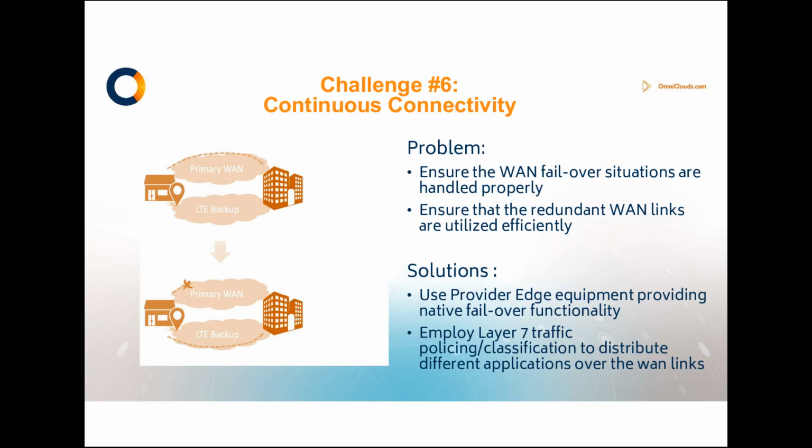Having a redundant connection is wasteful if the backup connection is off and unused, and it makes no sense paying for a second connection with no auto failover, requiring manual interaction when the main connection is lost. So it would be logical to have a way of distributing applications among different uplinks.